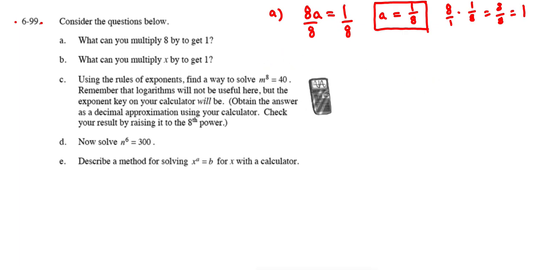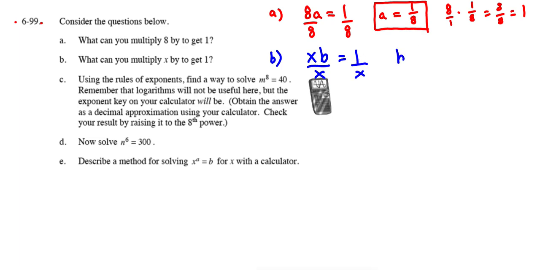Let's go to B. B says, what can you multiply x by to get 1? Well, let's call that unknown number b on this one. So let's say x times b equals 1. To know what the value of b is, I'm going to have to divide each side by x so I can isolate my b.